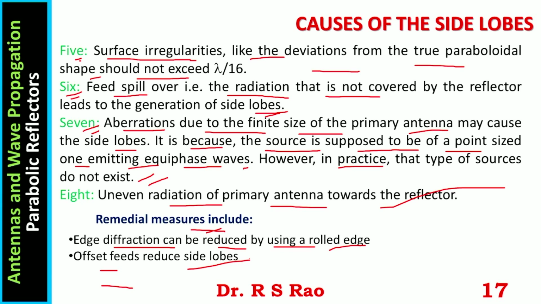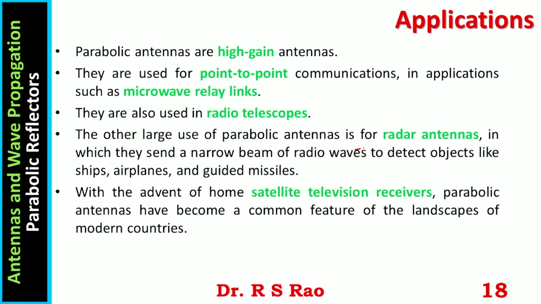Before going further, it is mentioned here that side lobes are indicators of wastage of power. Power at microwave frequencies is quite expensive, and it has to be used efficiently and effectively. Therefore, side lobes, which denote wastage, need to be eliminated.